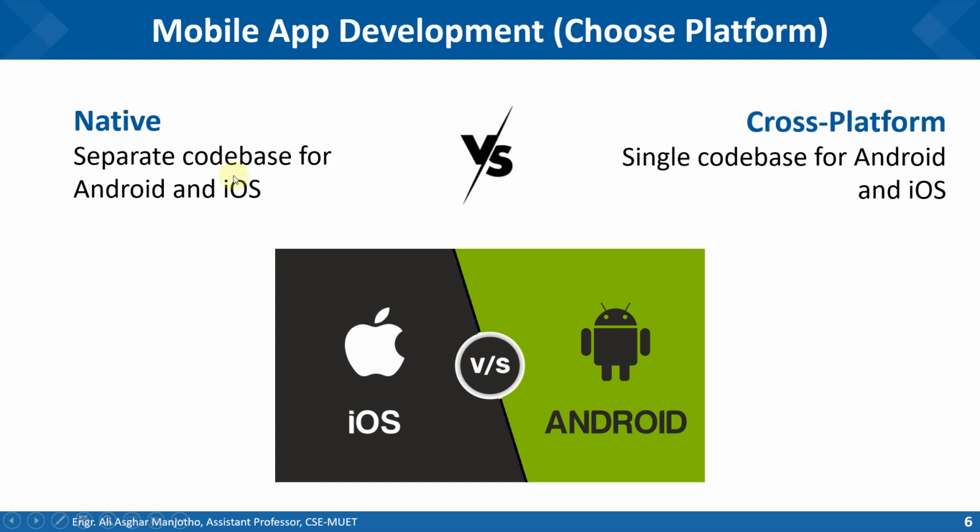The native applications are faster as compared to the cross-platform applications, but it doesn't mean that cross-platform applications will lag. Although, the most critical applications are developed in native, and normal applications are developed in the cross-platform domain.